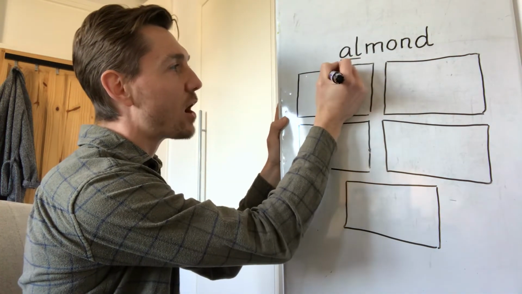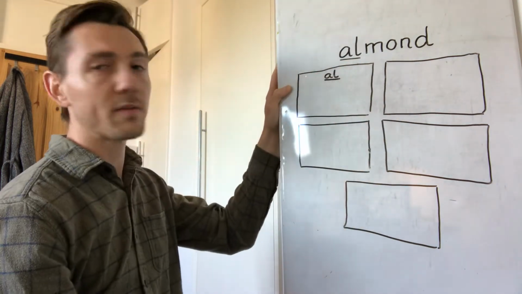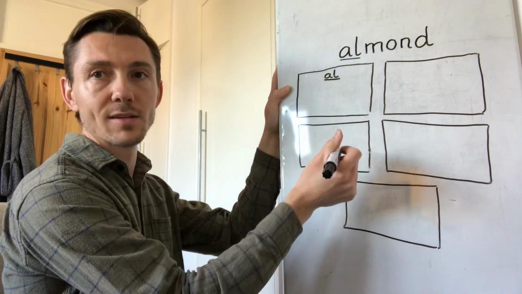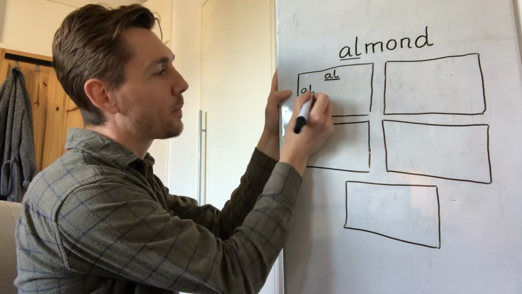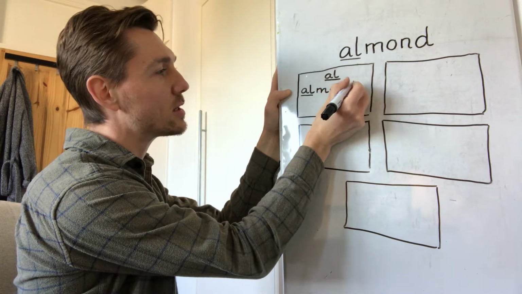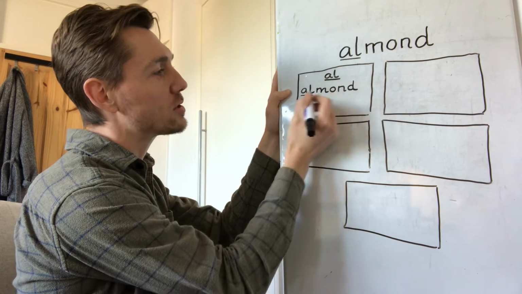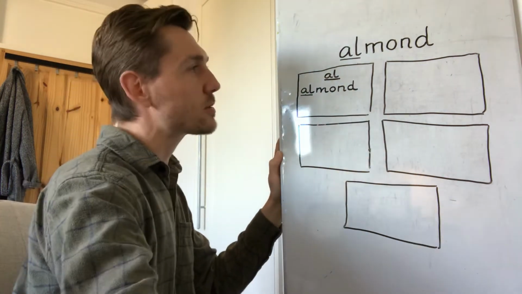AL spelling of R. That's the title for the first section, and we say the sounds as we write the word. So we have R, D. Almond, almond. Okay, the next word.